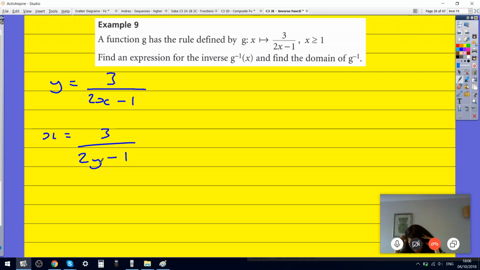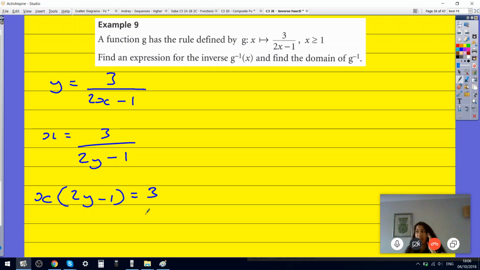Do we just times it by 2y minus 1? Yeah. And you don't need to expand it. Okay, x times 2y minus 1 in brackets equals 3. 3 plus 1. Can I do that now? You're still breaking business. Oh.